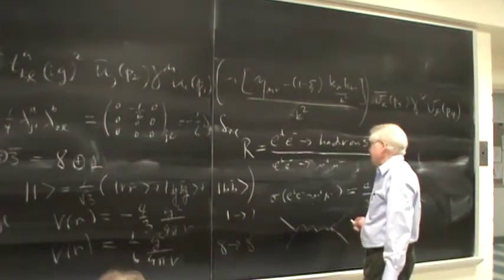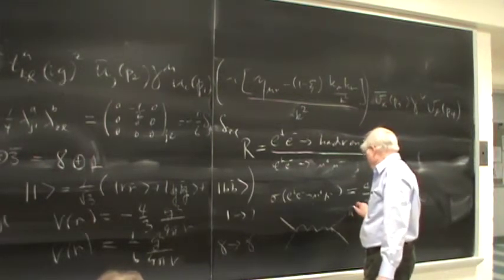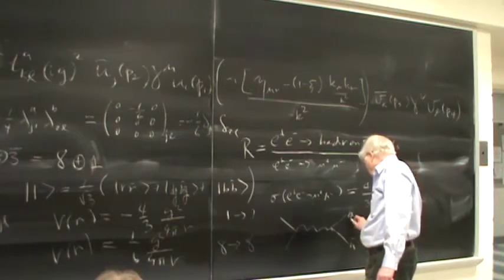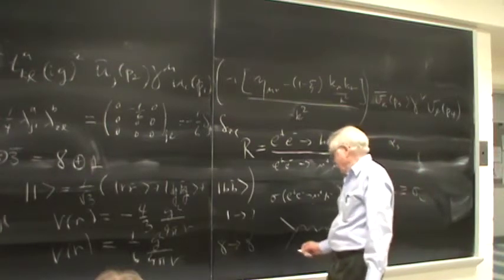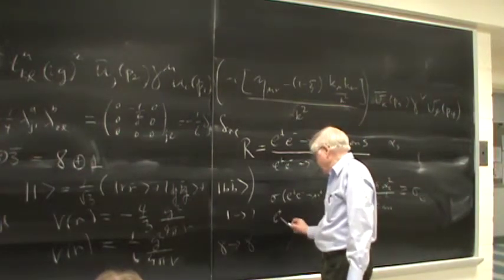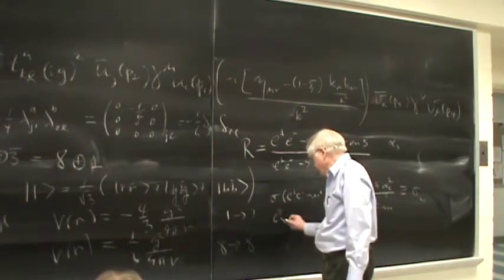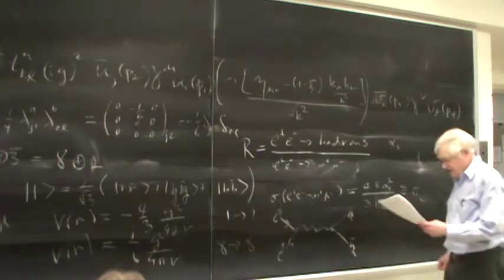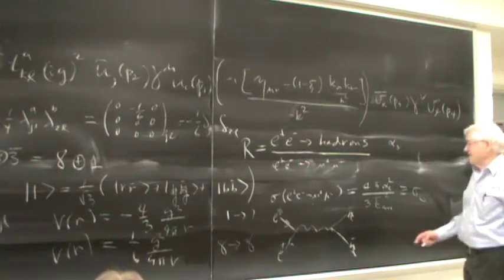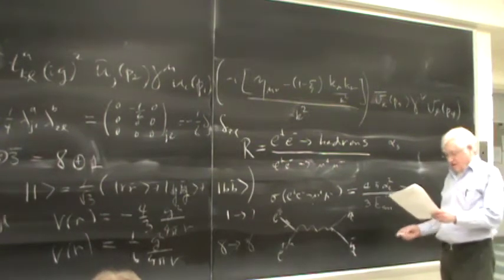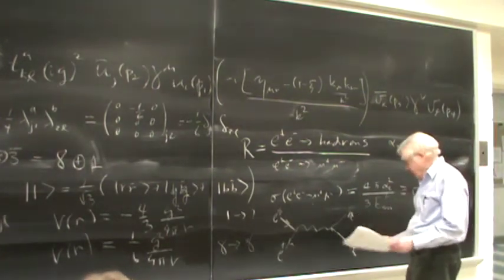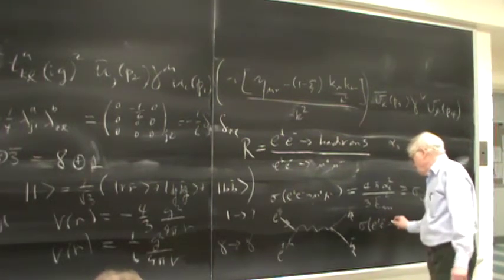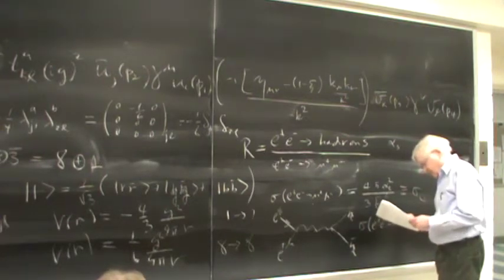So this is U bar U, or QQ bar. And then over here, it's E plus, or E minus, actually. So there's a photon across. And so, to lowest order, sigma E plus E minus goes to, let us say, QQ bar.